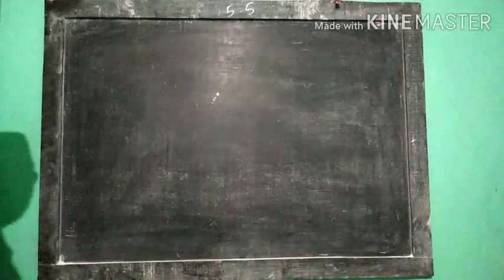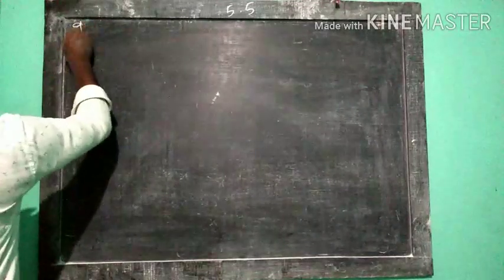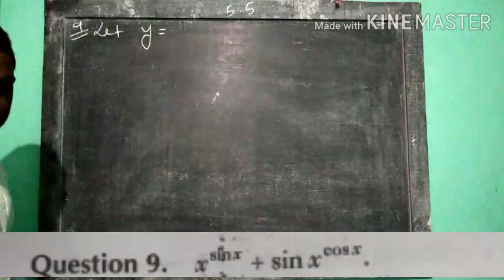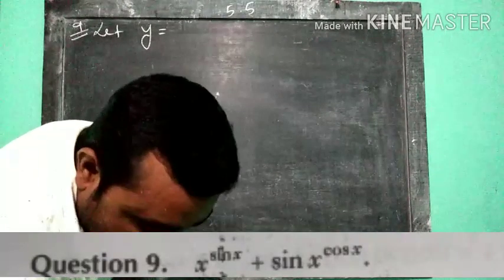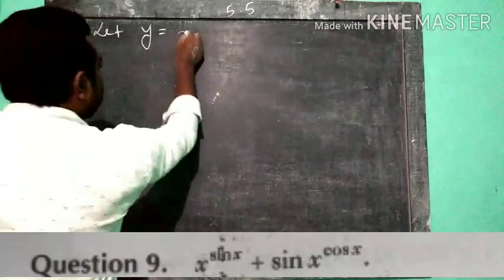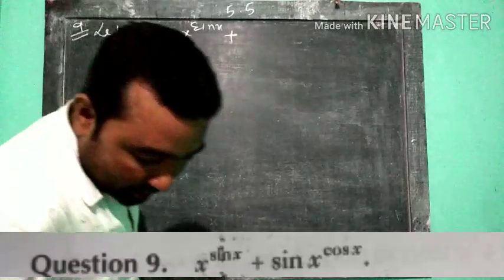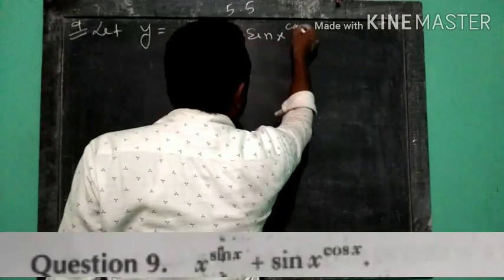Now we are going to solve question number 9. So question number 9 is what? Let y is equal to x to the power sin x plus sin x to the power cos of x.